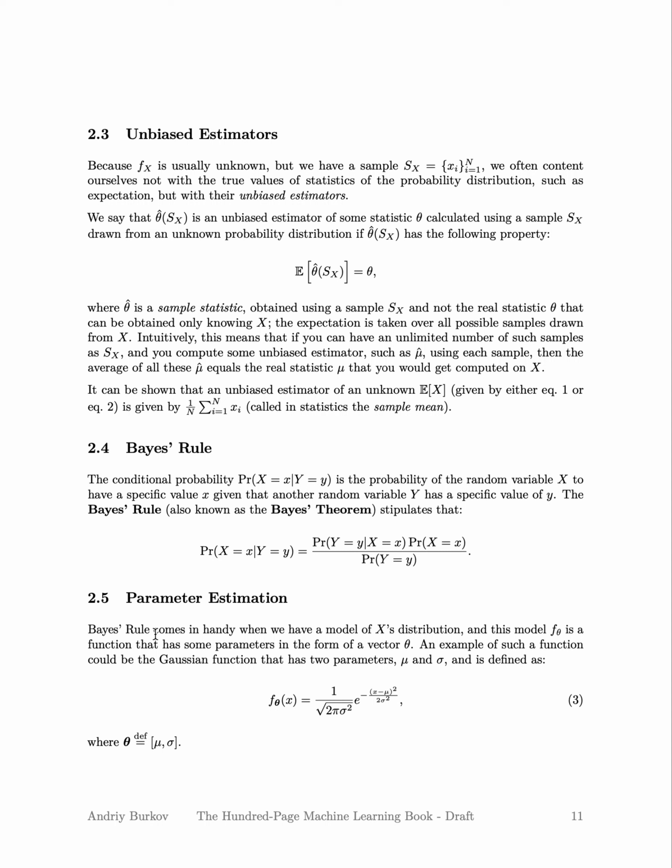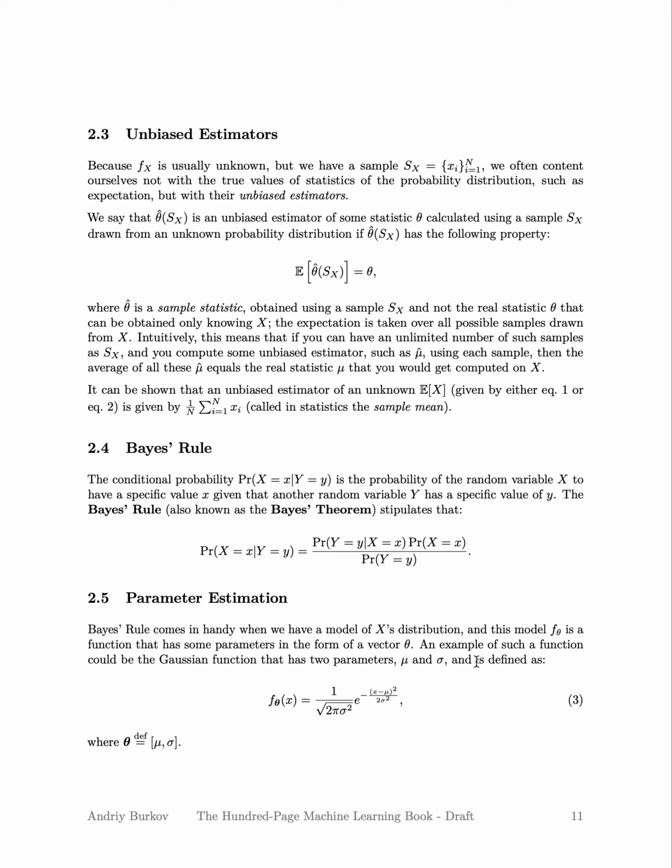What is parameter estimation? Bayes' rule also comes in handy when we have a model of the x distribution. If your model requires some parameters in the form of a vector, every model has some values which need to be declared.